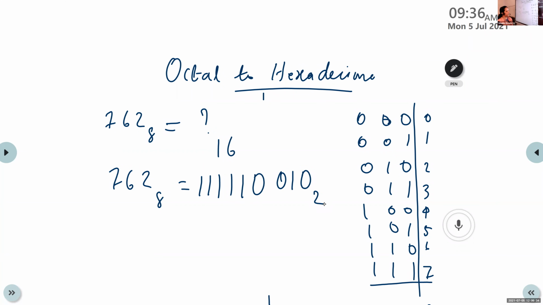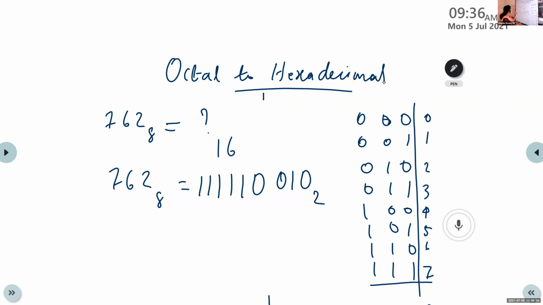Okay. Then after converting this octal number into binary, we have to convert this binary into hexadecimal using which table, Niranjan? 4-bit table, correct. So for the conversion of octal to hexadecimal and hexadecimal to octal, we need 2 tables: the 3-bit table is needed, and at the same time the 4-bit table also.